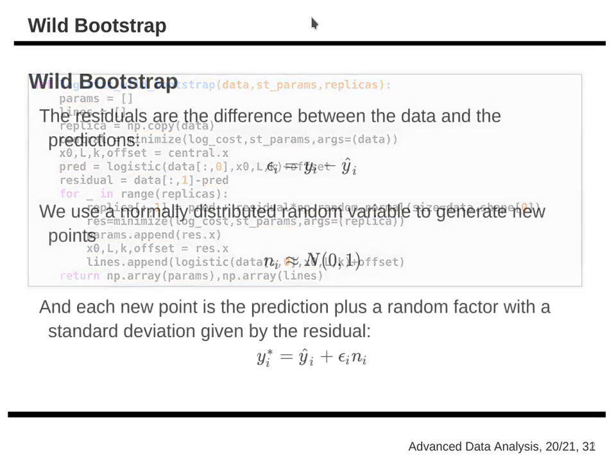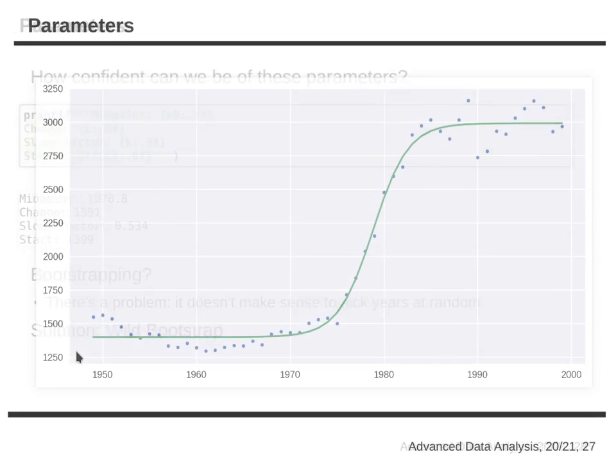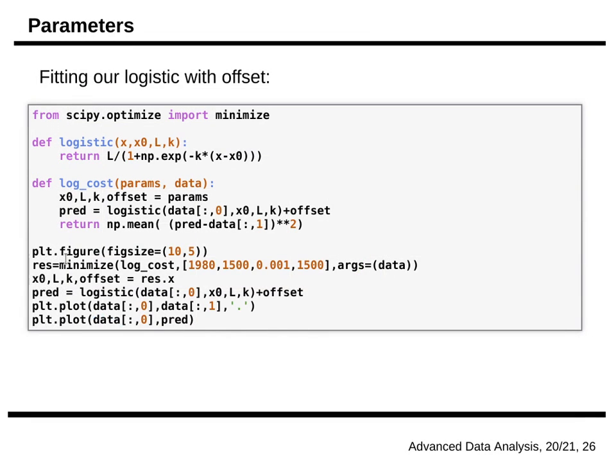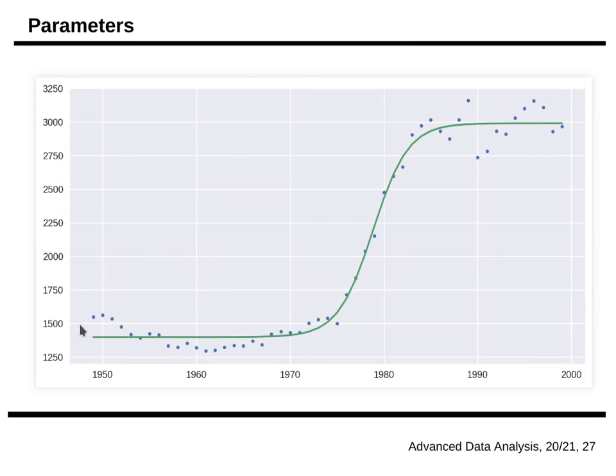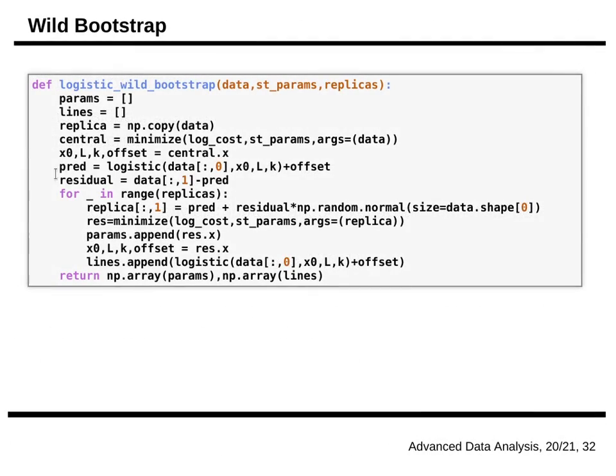This is basically the same thing we did to plot this graph. So doing the minimization and computing the prediction is the same thing we did to plot this curve. This is the actual curve that we're going to use as the base prediction.